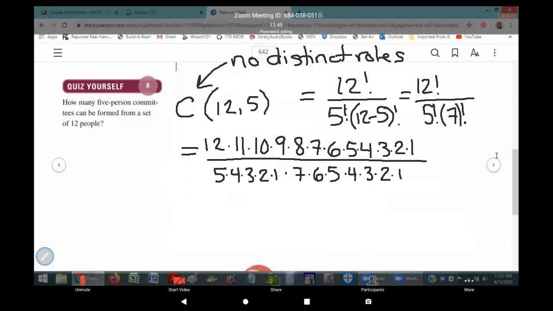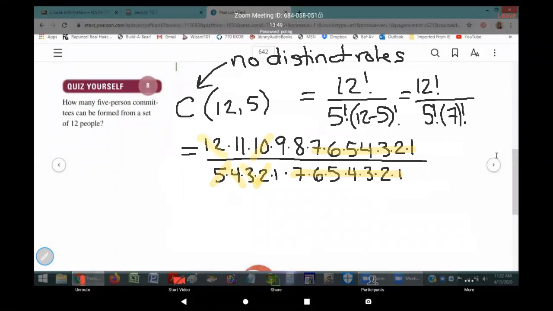Now through cancellation, we will reduce. We have the whole 7 factorial in the top and the bottom, so we can definitely cancel that. And now we have factors like 5 times 2, which is 10, and 4 times 3, which is 12.